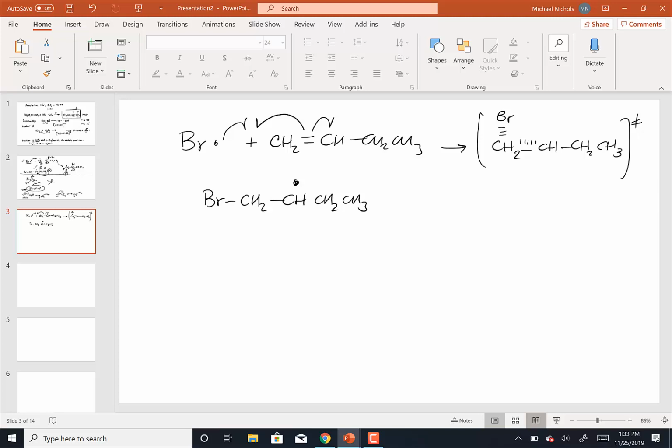Now in step 3, that carbon radical is going to react with an HBr. And what it's going to do is that carbon dot is going to grab, or abstract, the hydrogen from HBr. So I'm going to break my HBr bond.